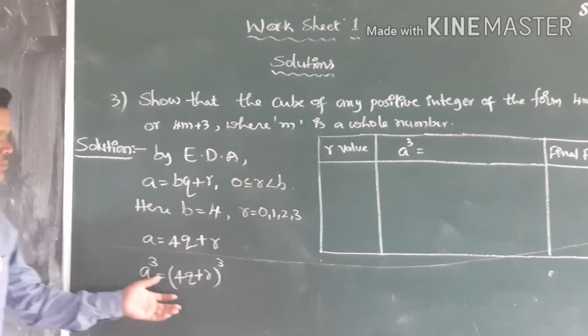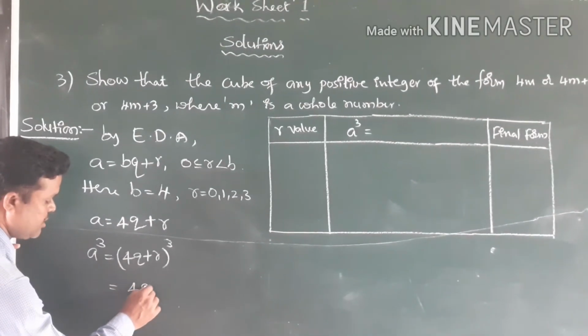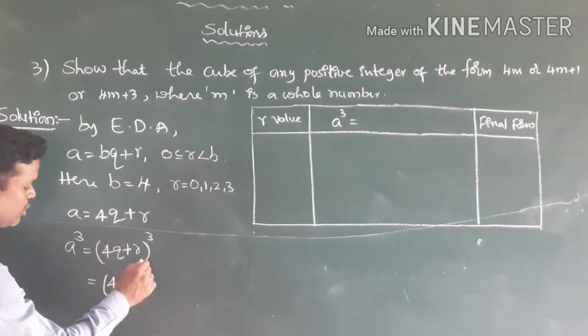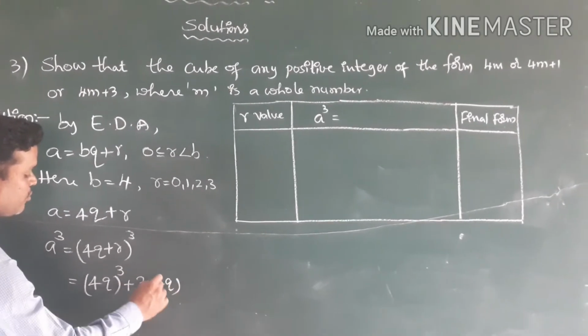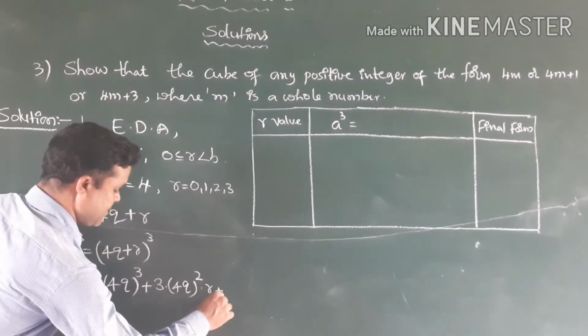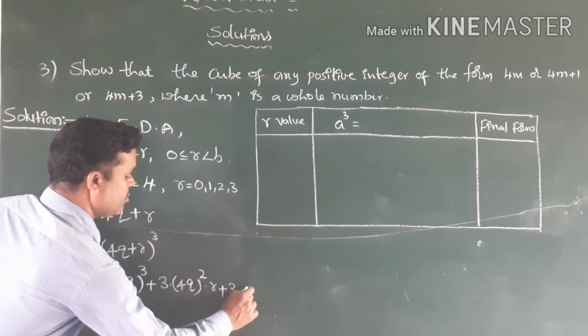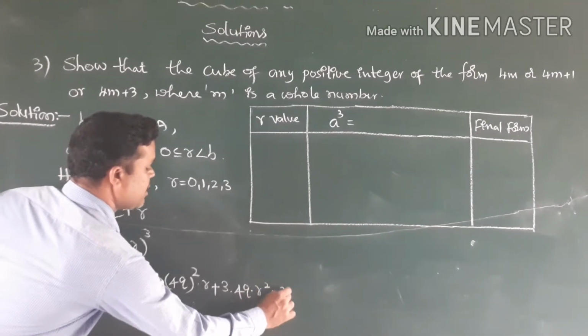Apply the a plus b whole cube formula, that is a cube means 4q whole cube, plus 3a square b, that is 3 into 4q square into r, plus 3 into a b square, that is 3 into 4q into r square, plus r whole cube.